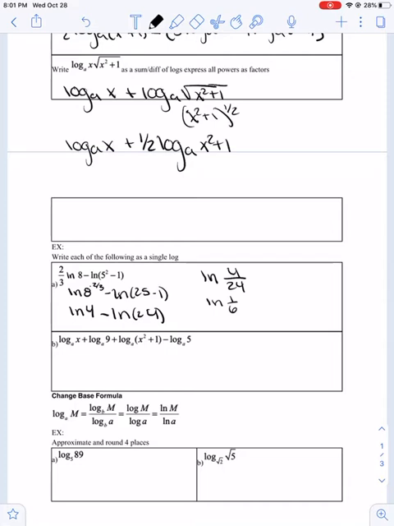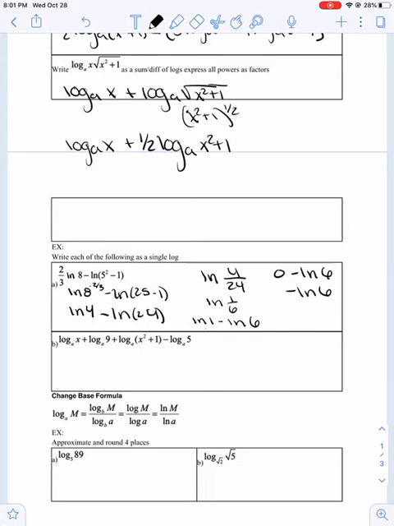I'm going to take this even further and separate it back to subtraction: natural log of 1 minus natural log of 6, because I know that the natural log of 1 equals 0. So this is now 0 minus natural log of 6, and 0 minus natural log of 6 is just negative natural log 6.